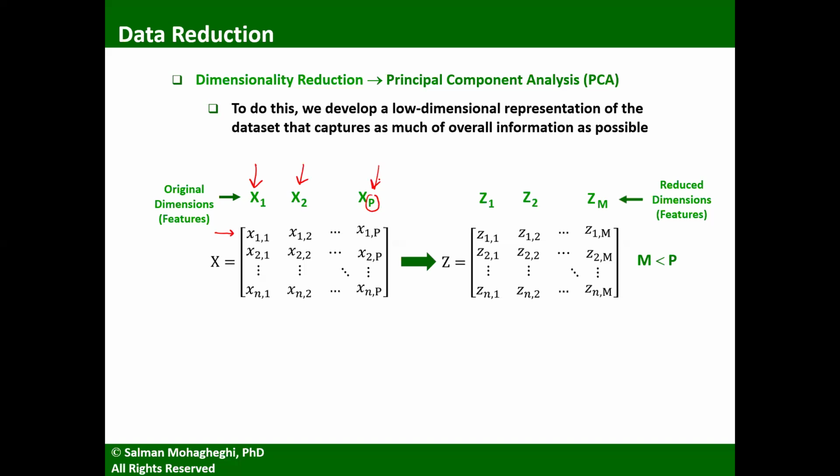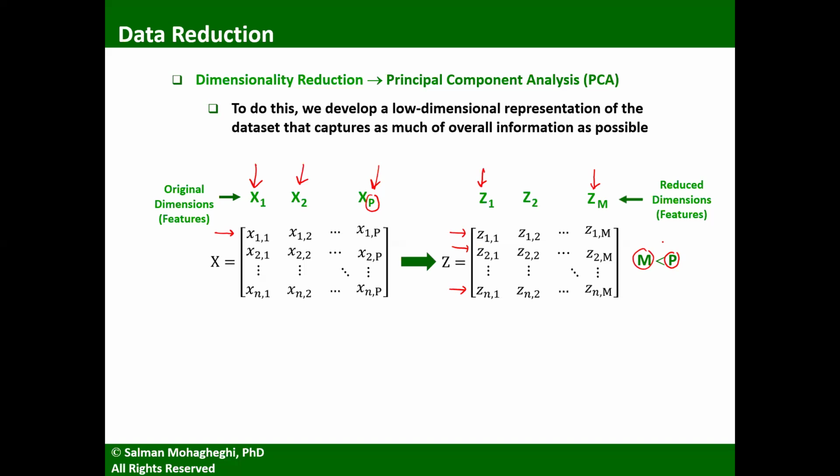What I'm going to do is convert it to a lower dimensional data set that has the same number of rows, meaning that the number of data instances has not changed, but the number of dimensions changes from x1 to xp to z1 to zm, where capital M is smaller than capital P, meaning that in the new data set, I have a reduced number of dimensions.